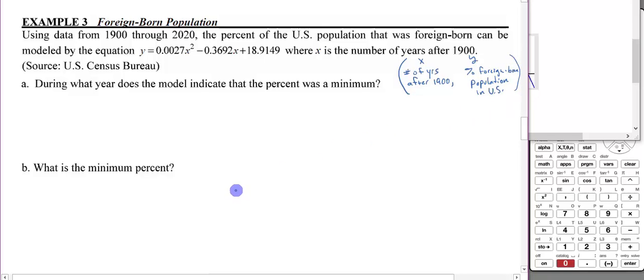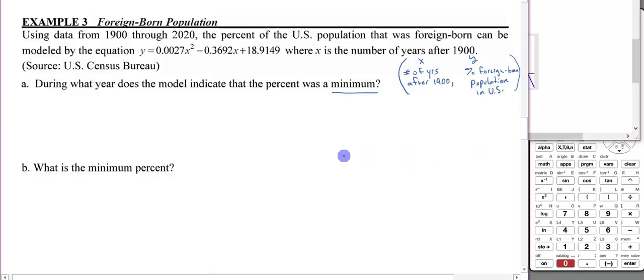Okay, so during what year does the model indicate that the percent was a minimum? So at this point in the course, since we've only done linear equations before this one, that word minimum is a key word to tell you that we are looking at a vertex problem. It's a quadratic, and we're needing to find the vertex.